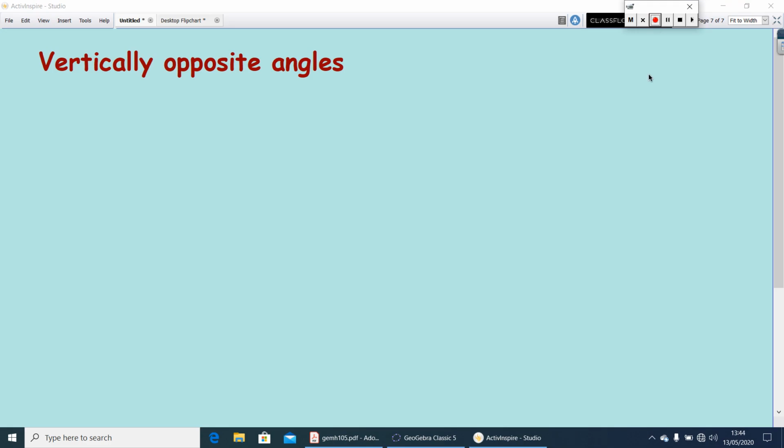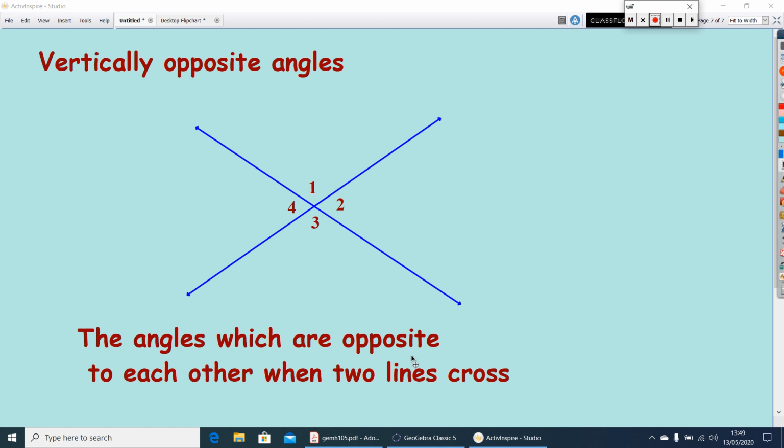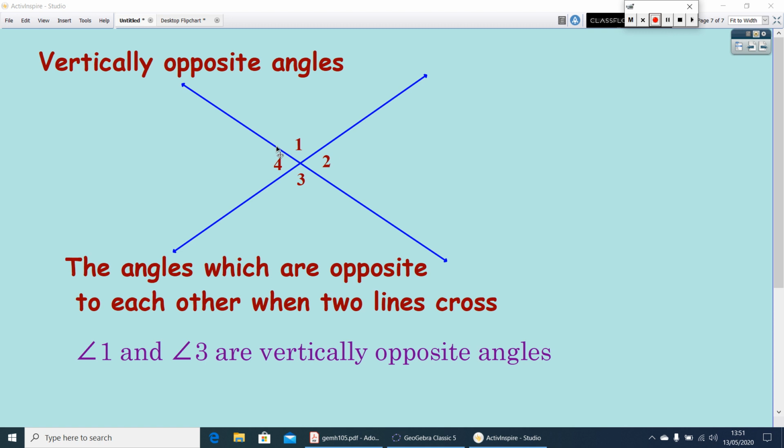And we can define vertically opposite angles as the angles which are opposite to each other when two lines cross. Now here in this figure, angle 1 and angle 3 are vertically opposite angles. One more pair you can say is angle 2 and angle 4.